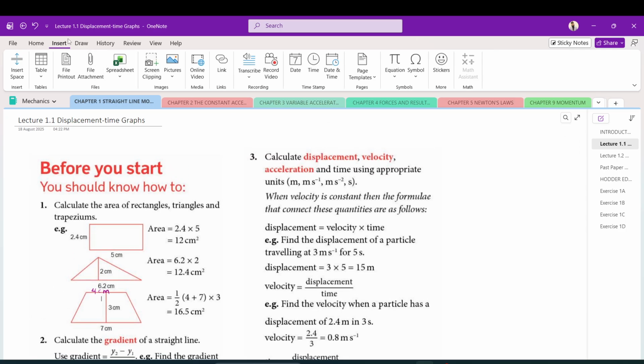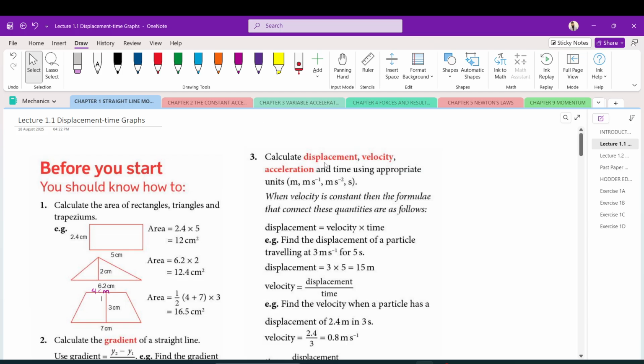After that, it says that calculate the displacement, velocity, acceleration, and time using appropriate units. So you should know what are the appropriate units for these quantities. When velocity is constant, then the formulae that connect these quantities are as follows.